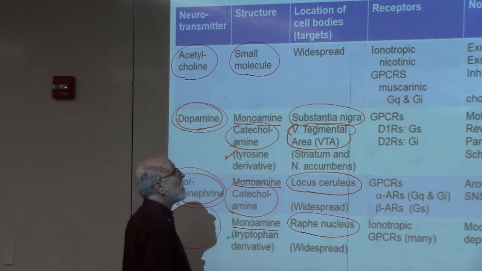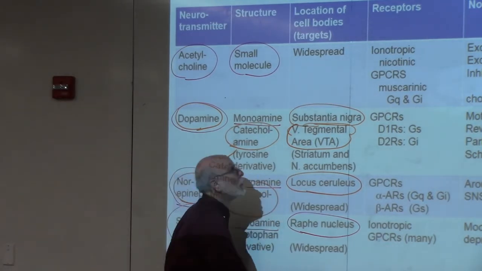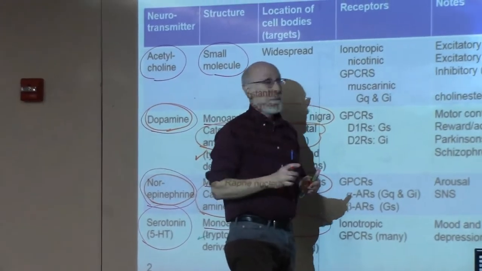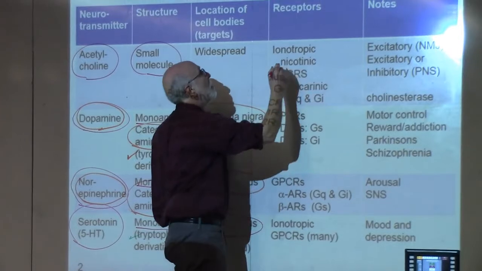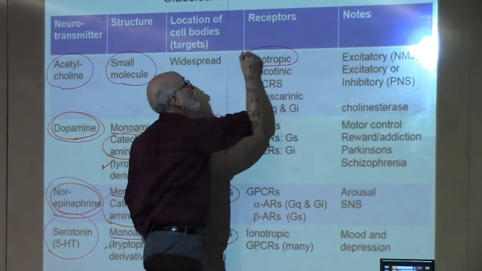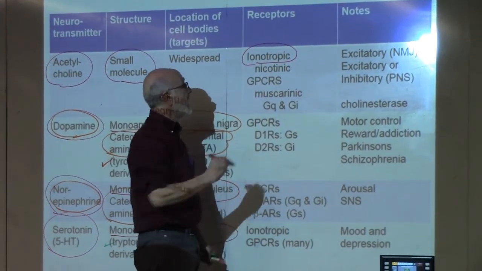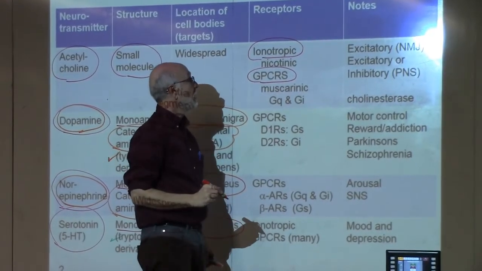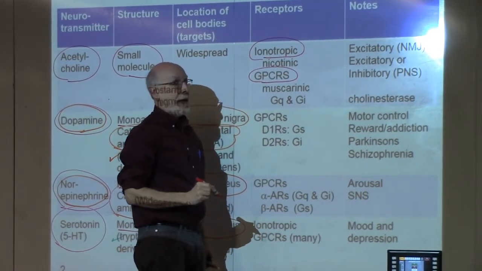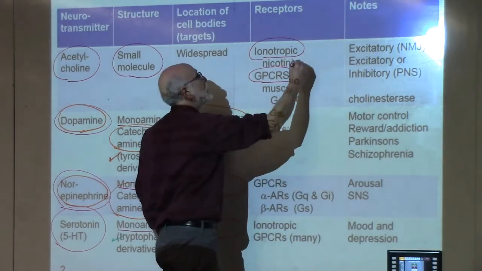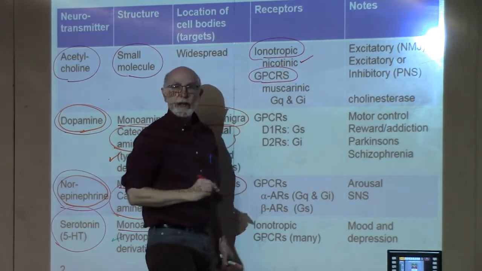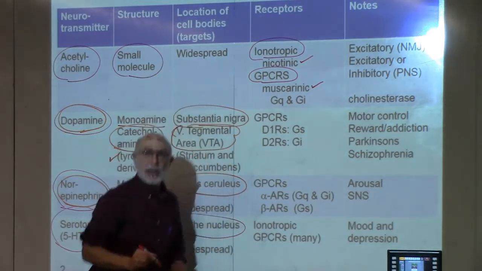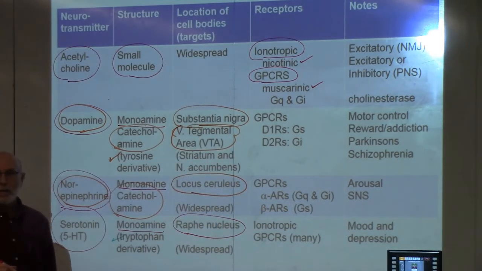Okay, so now, switching gears to the receptors for each of these neurotransmitters. I do want you to know that there are ionotropic receptors for acetylcholine, and there are GPCR receptors for acetylcholine. I will probably use the language nicotinic for the ionotropic receptors and muscarinic for the GPCR receptors for acetylcholine.